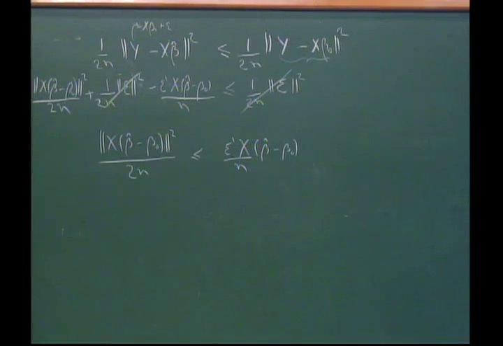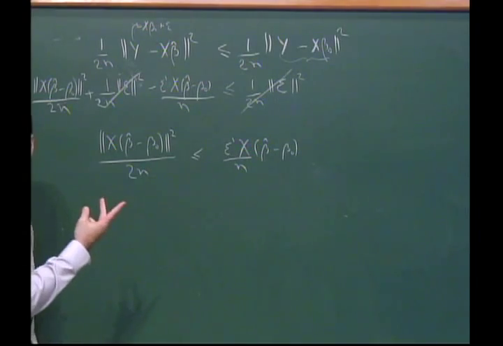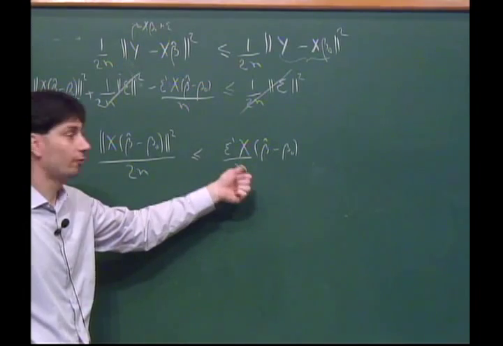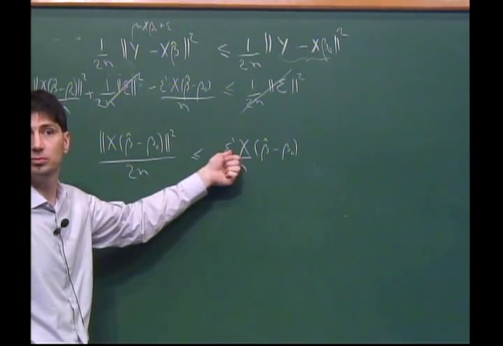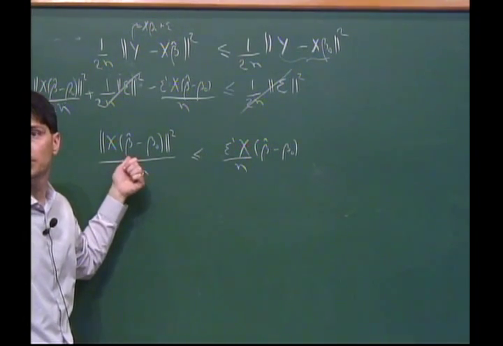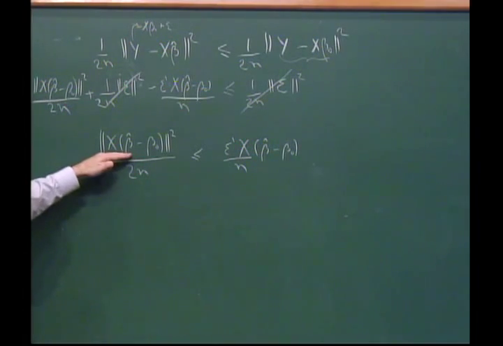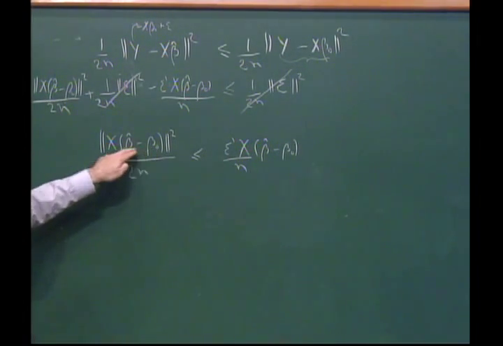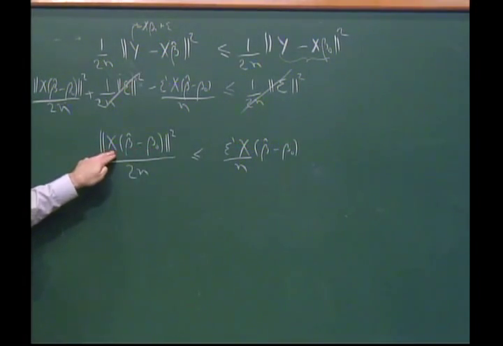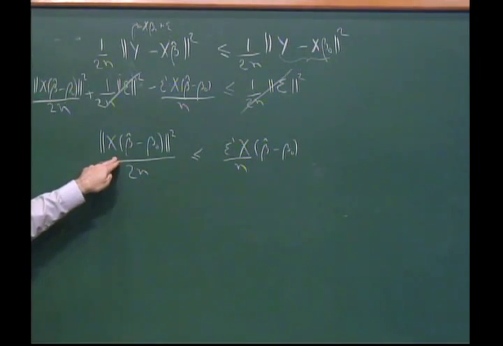So if I want to have good properties in the estimation here, there are two things I'm going to have to deal with. This part is essentially the noise associated with the problem. If the noise was 0, this would be 0, and then I would have found a very good beta hat that fits the data very well. But I also have to have assumptions on the matrix X. If the matrix X is 0, then I'm going to have many choices for the estimator, so it's not really interesting.